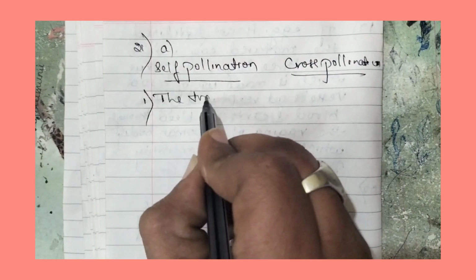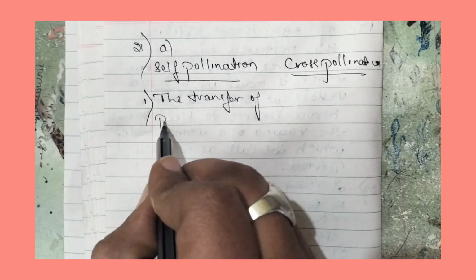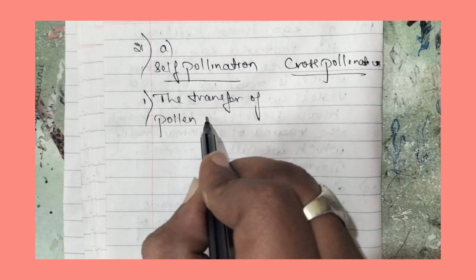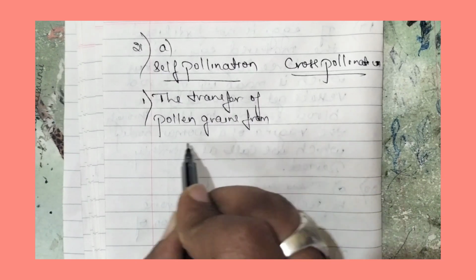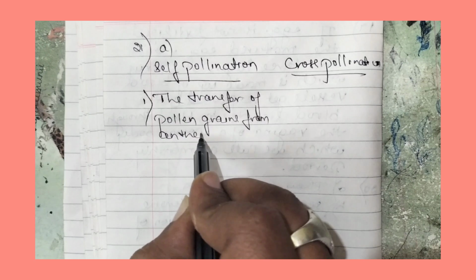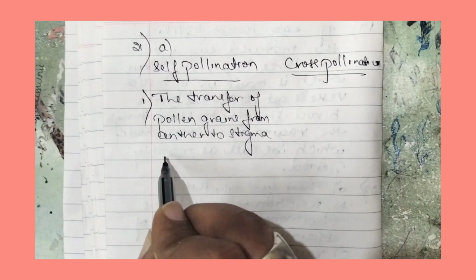Self-pollination is the transfer of pollen grains from anther to stigma within the flower.